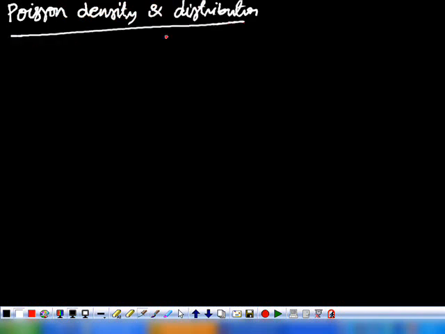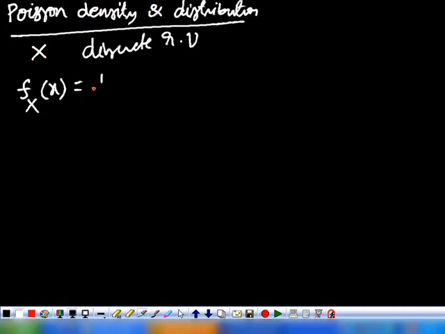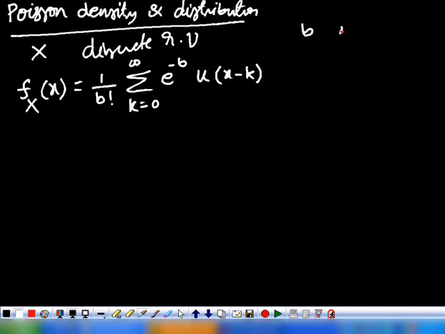So if x is a discrete random variable, then the probability density function of this particular discrete random variable is defined as 1 divided by k factorial, sigma k equivalent to 0 to infinity, e power minus b, where b is a real constant and b is greater than 0.